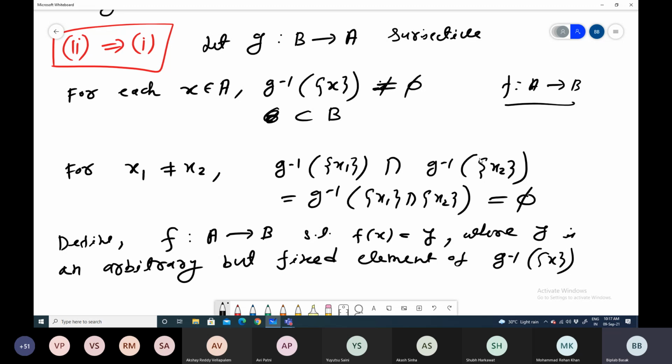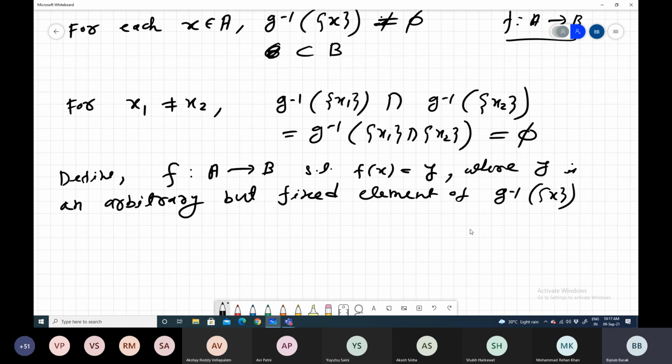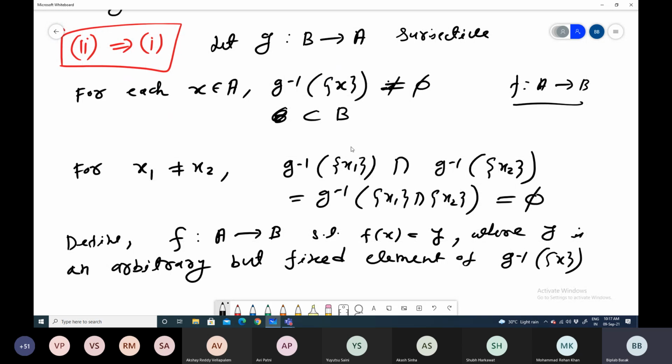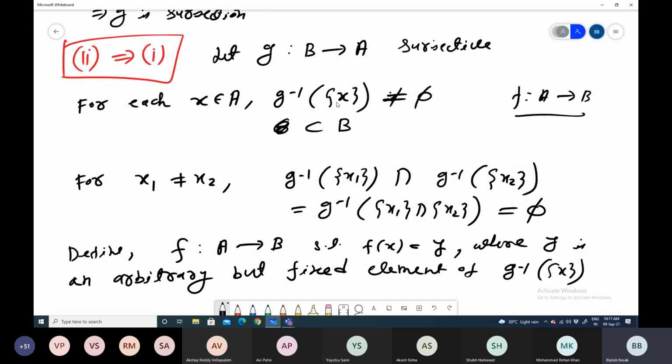This is set theory, so this is empty. And also since g inverse x is always non-empty as g is surjective, we can always choose an element y and fix it. So for each x we can choose a unique y.